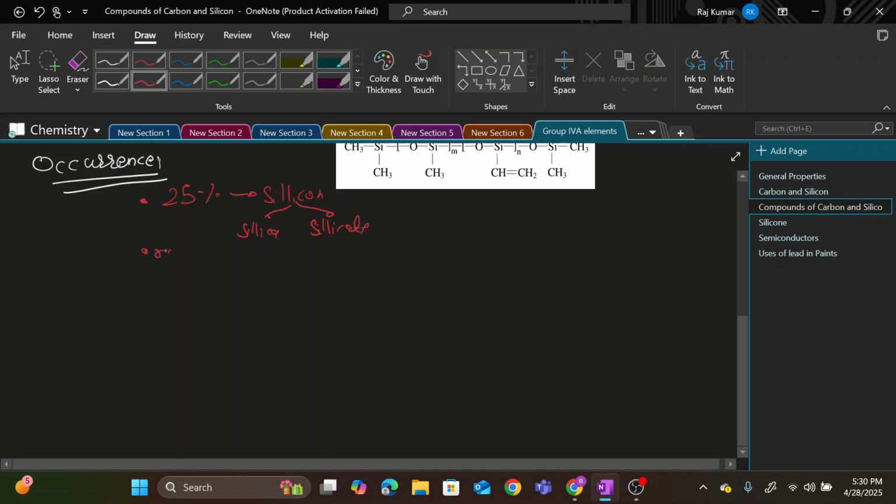It is found in the form of rock minerals.